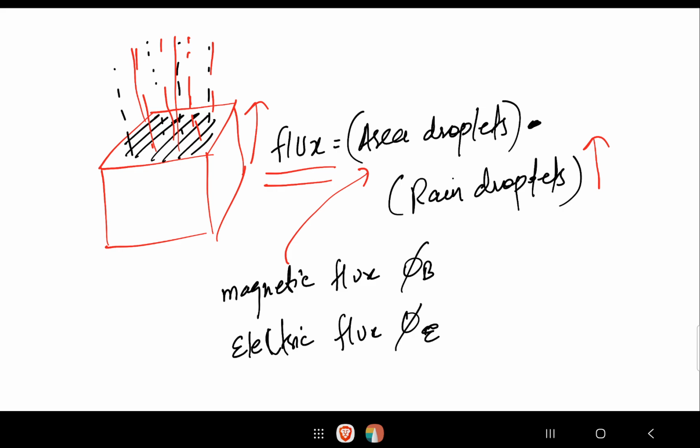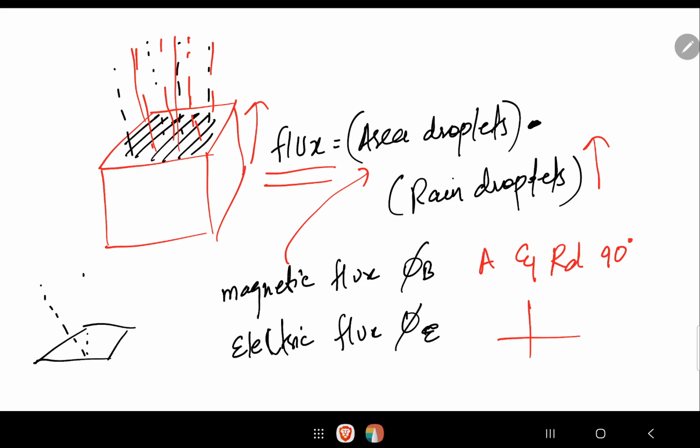And another thing you have to note is that the area and the, let's say, rain droplets are both 90 degrees to each other. They're perpendicular, right? So let's say the rain droplets are dropping at an angle. This is your rooftop again, and they're dropping at an angle theta. So what's going to happen is, this is a raindrop, and I'm going to take the cos theta.